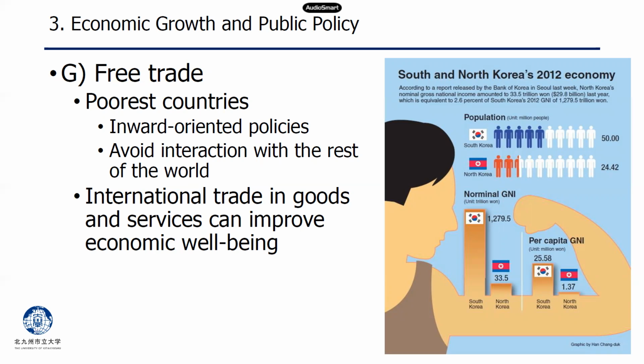In the past, right before the Korean War, North Korea was richer than South Korea. It's a little bit of historical background, but during World War II, Korea was under Japan, right?